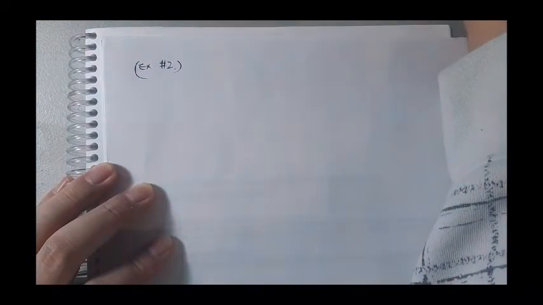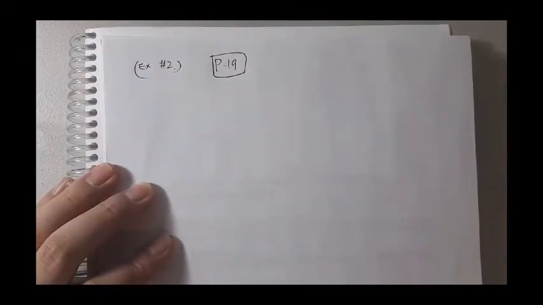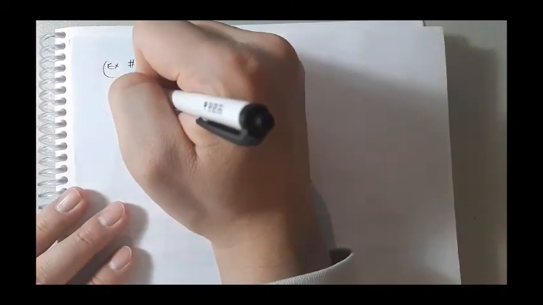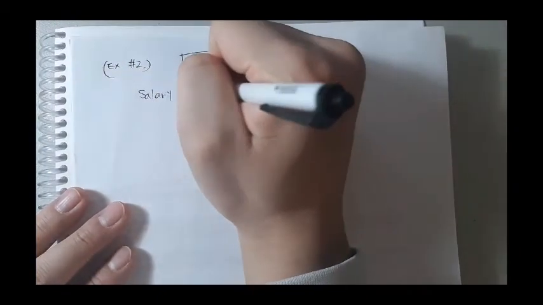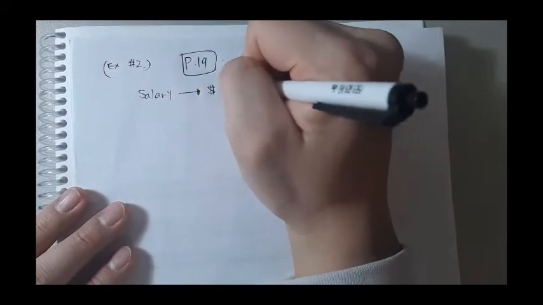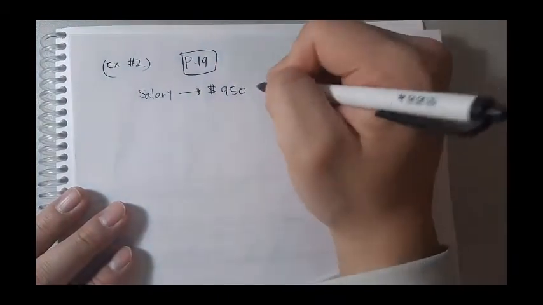Example number 2 is available on page 19. I have Jasmine, who sells clothing part-time at BB's Boutique. We have several clues. When it comes to monthly salary, she received $950 per month.